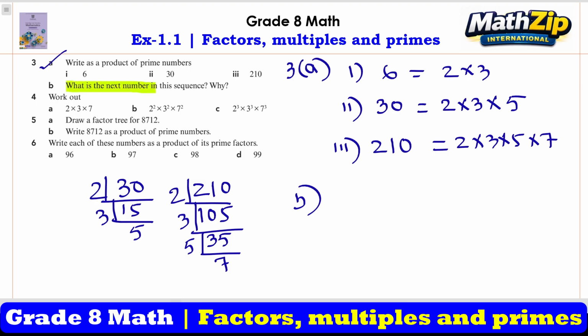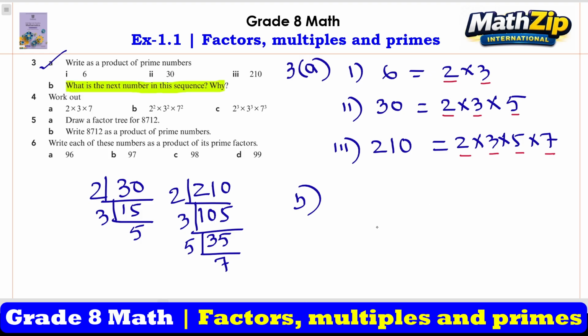Number B, it's an interesting thing. What is the next number in this sequence and why? So do you find any sequence? Yes. Look, here is 2 times 3, and here 2 times 3 times 5, and here is 2 times 3 times 5 times 7. So prime numbers come one by one. 2 is a prime number, the next prime number is 3, the next is 5, the next is 7.